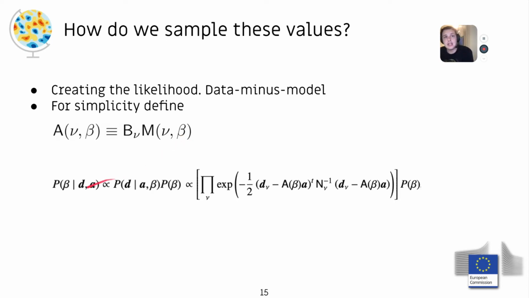And the full conditional distribution then, so beta given all the data and the amplitude, thus becomes, when we apply Bayes' rule like this, the likelihood like this times a prior. So this part on the right hand side is a prior, and the data minus this A term times the amplitude is this, and that's our likelihood.